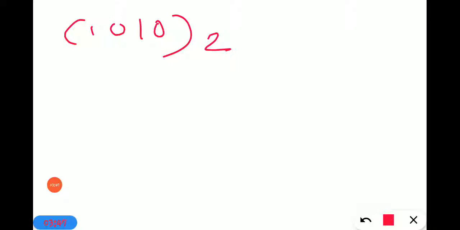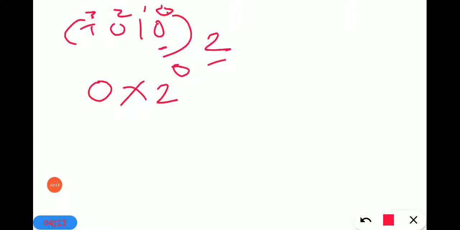We start writing from the right hand side, so write 0 here. Multiply, base is 2. Now give the position to it. We start giving positions from the right hand side, with 0. First position 0, then 1, then 2 and then 3. What is the position of the first 0? It is 0, right? So we write 0 into 2 raised to 0.